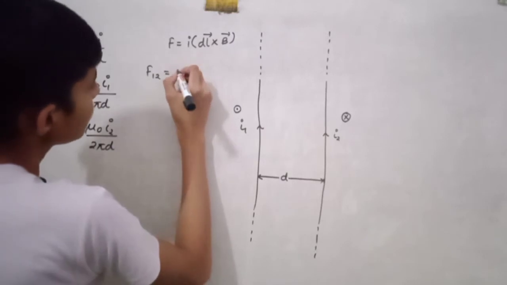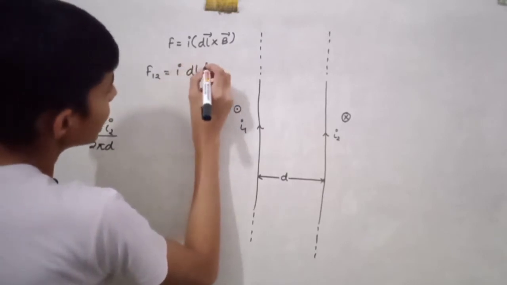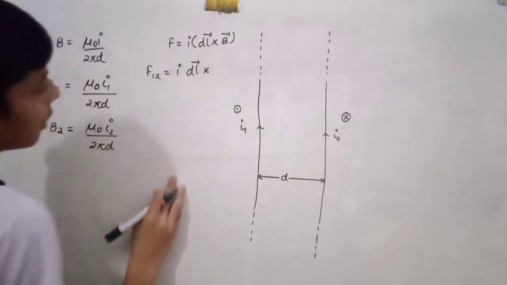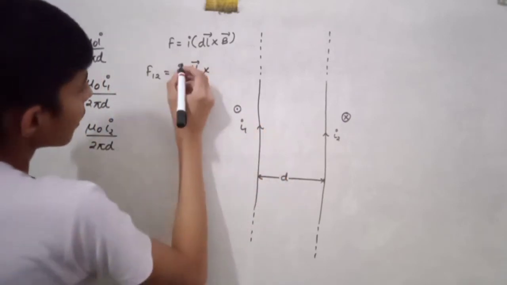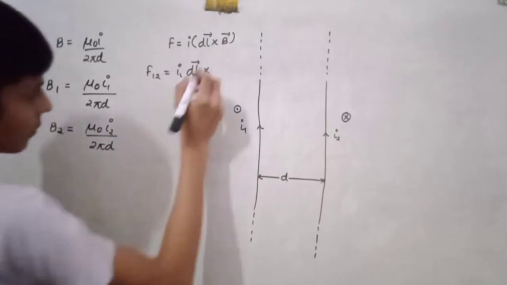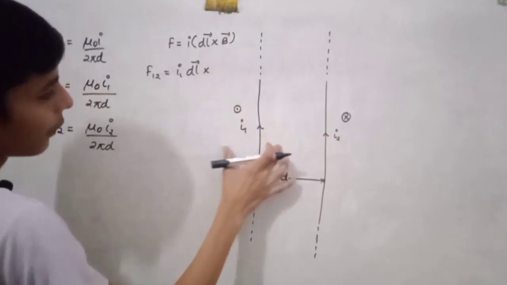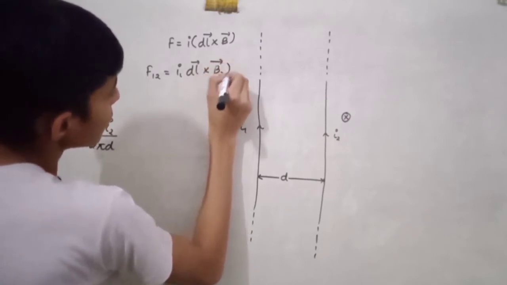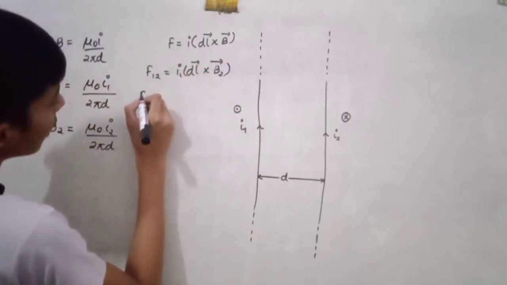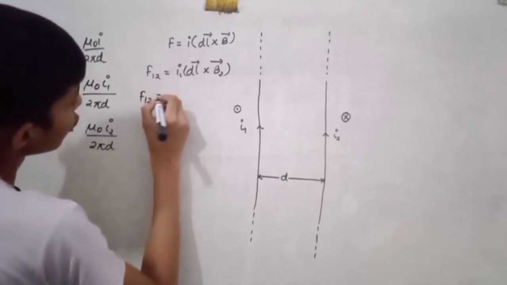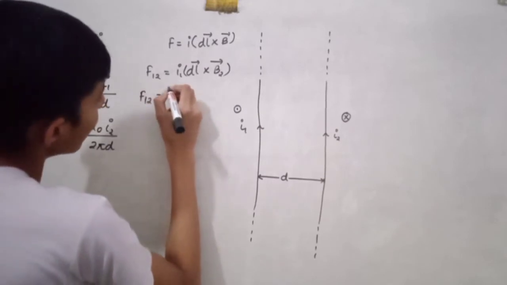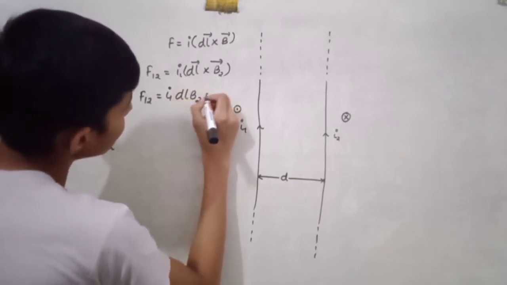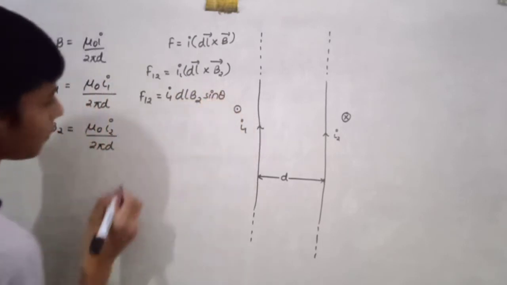So I dl, the current on wire 1 is I1, and here the magnetic field of wire 2 is present. So this is B2.